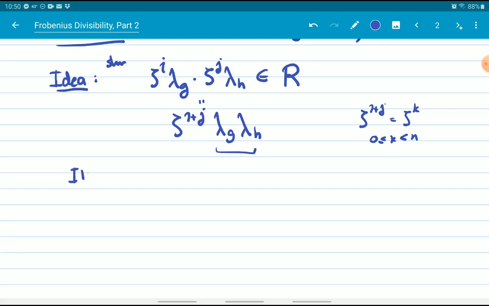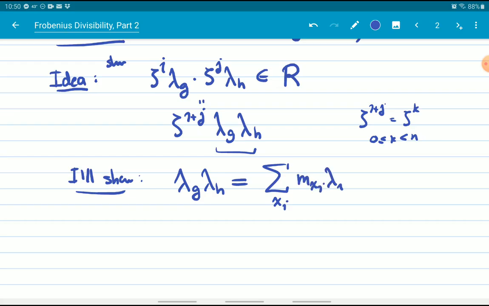So I'll show that there's a formula. Lambda g times lambda h always has the following form. It will always be a sum over some elements xi of the group of m sub xi times lambda xi, where m sub xi is an integer.